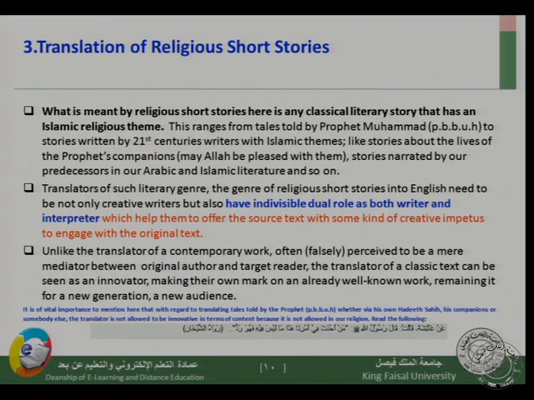And one important point I would like you to bear in mind: you can be creative, you can be imaginative, you can go really wild in your translation of any genre, of any type of literary text, but when it comes down to the translation of the Prophet's hadith sallallahu alaihi wasallam, you need to be really, really careful. You cannot be so creative that you deviate from the main text.